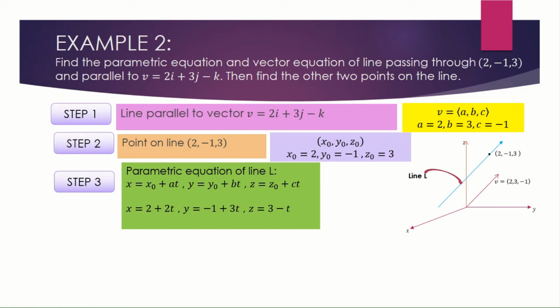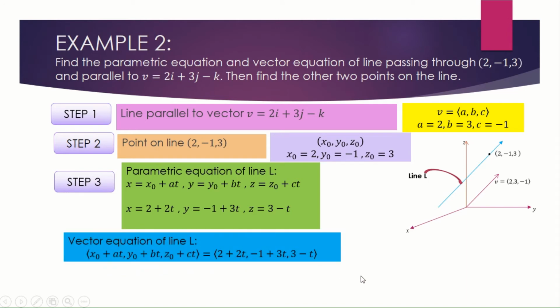Now we want to find other points on the line. This answers the second part of the example. So that is the equation of the line. When t is equal to 1, we substitute into x and get 4, into y we get 2, and into z we get 2.